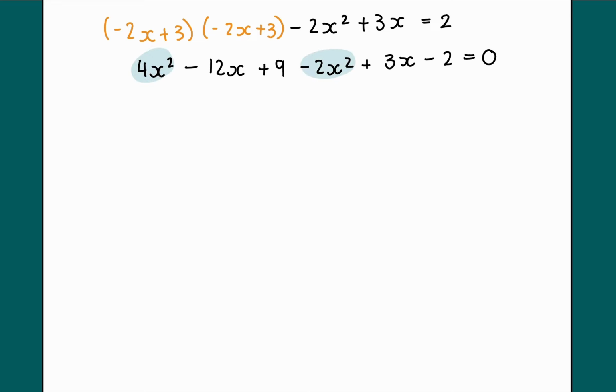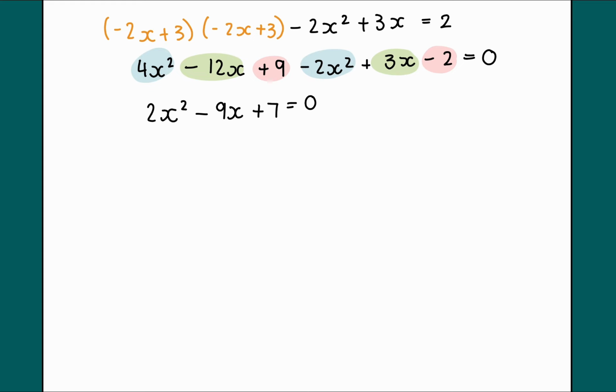All right, now our next step is just to group our like terms. So you can highlight them or you can underline them, whatever is easiest for you. All right, you would then be left with 2x squared minus 9x plus 7 equals 0. You can use mode 5-3 on your calculator. For those who don't have the smart calculator, the 991 calculator, you can most definitely try the trinomial method or the T method.